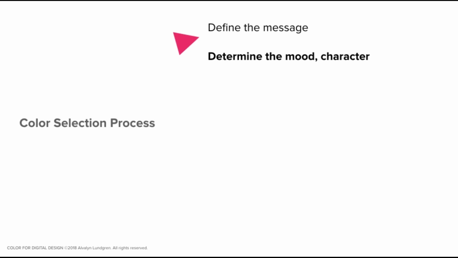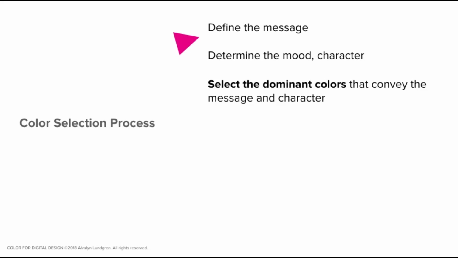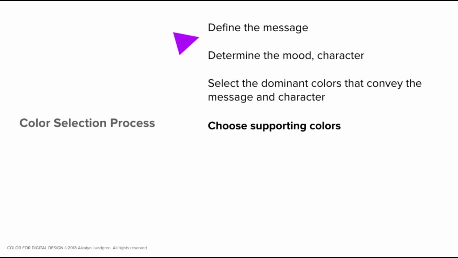So you've got the message and you've got the mood or the voice of the design involved in selecting color. You want to look for 2, 3, 4, maybe 6 dominant colors that are going to do the hard labor, carry the load of communicating the character and the message that you're trying to convey. Then you add accent colors in a supporting role.